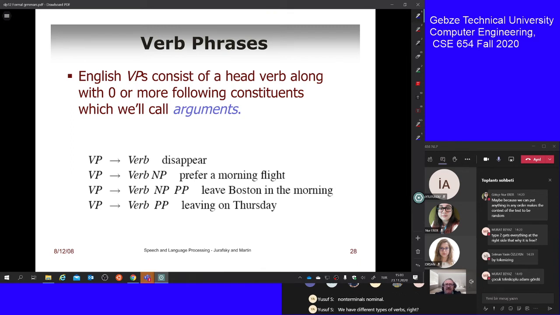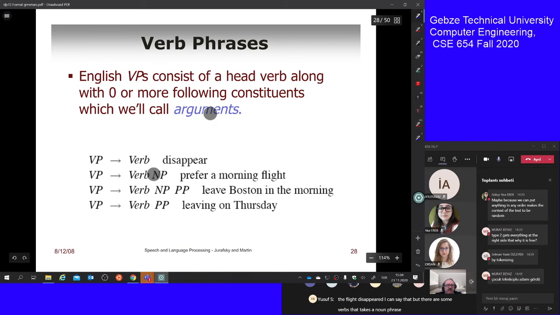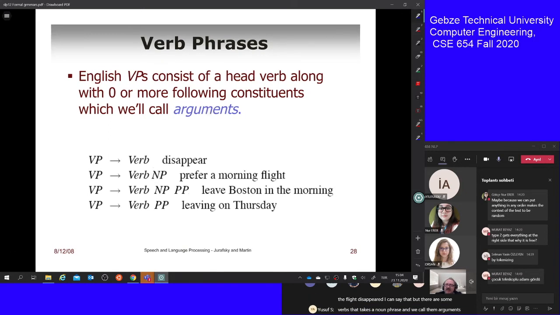When we say a verb phrase is a verb, something disappeared. The flight disappeared, I can say that. But there are some verbs that take a noun phrase, and we call them arguments, like a function argument, right? Verb and noun phrase. I prefer a morning flight. So prefer takes a noun phrase, a morning flight.